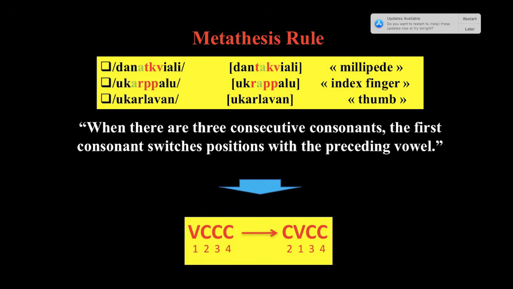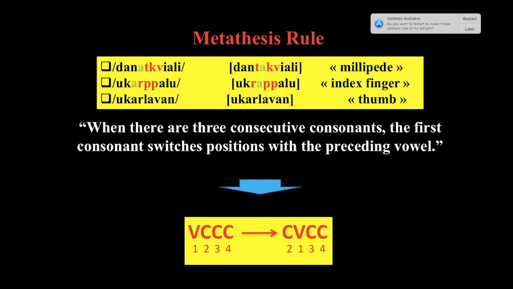Now, if you look at these examples in an Austronesian language, the sounds in red are actually consonant clusters, but they are preceded by a vowel. Look how they are supposed to be pronounced and how they are phonetically pronounced. We say danat chiaviali or karpalu, but it is pronounced as dantakiaviali or krapalu.